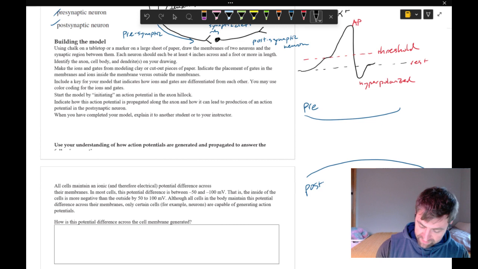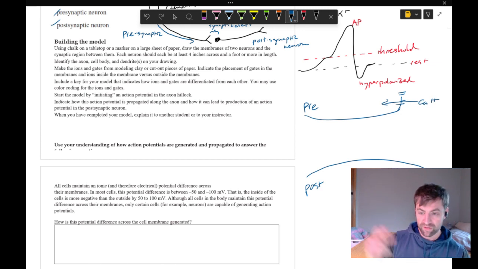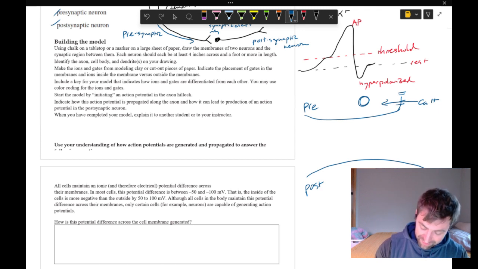Action potential arrives at the cell. Calcium is allowed to flood into the presynaptic cell, which stimulates the exocytosis of vesicles containing neurotransmitter.